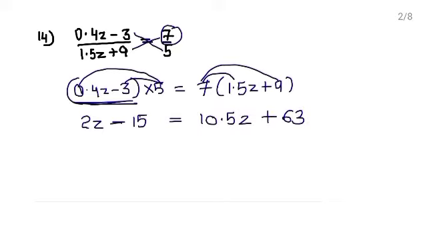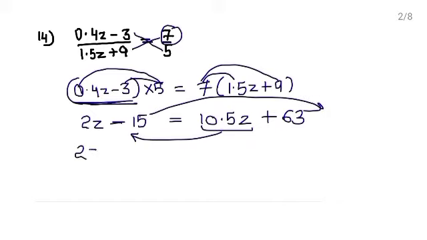Now keep the terms having variables to the left and constants to the right. So 2z, after moving to the left, this 10.5 will have a negative sign, right? So right here, minus 10.5z is equal to, on the right-hand side we have 63, after moving to the right this 15, which had a minus sign, will have a plus now.